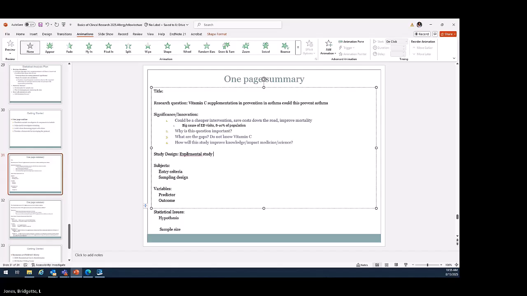I was thinking you could do a prospective cohort with one cohort receiving vitamin C supplementation and the other not, and then look longitudinally at who develops asthma and who does not, and also at the severity of the asthma that they develop. Okay.